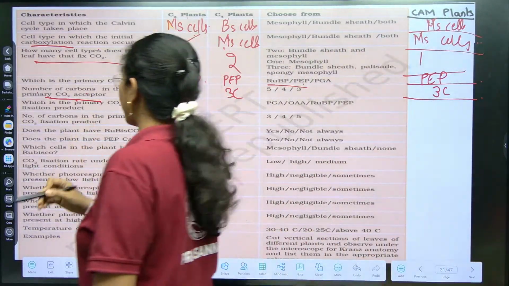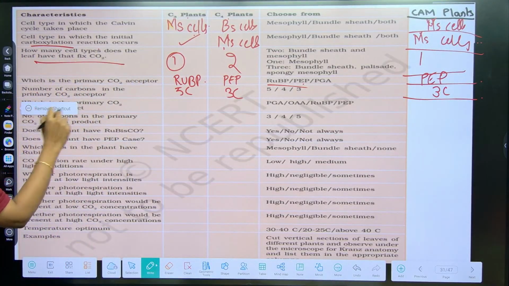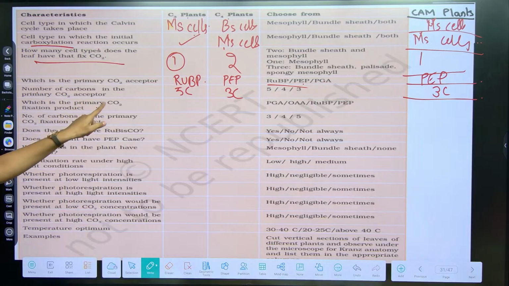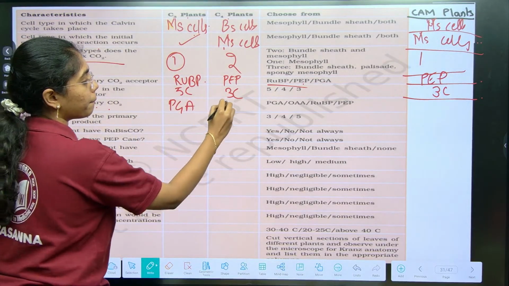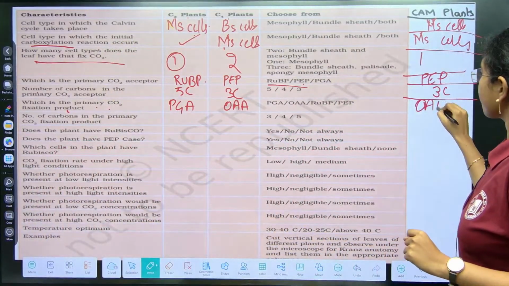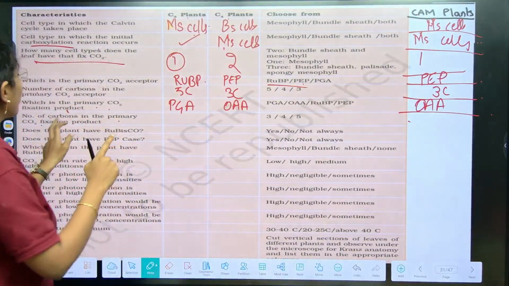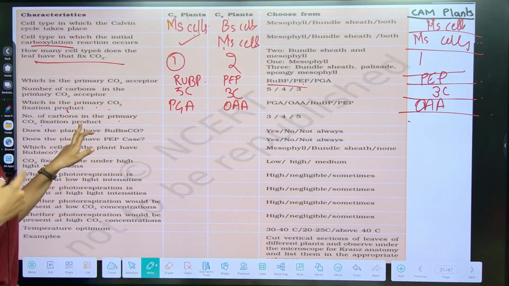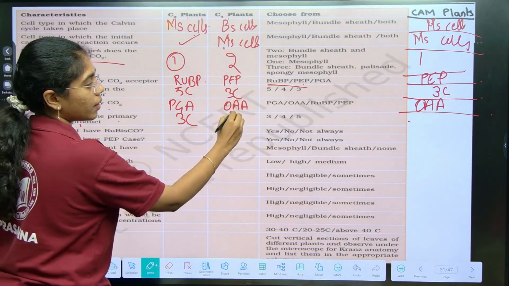Give chance for Pawan also from team C. Which is the primary carbon dioxide fixation product? Very good. Good. Number of carbons in the primary carbon fixation product. 4 carbons.